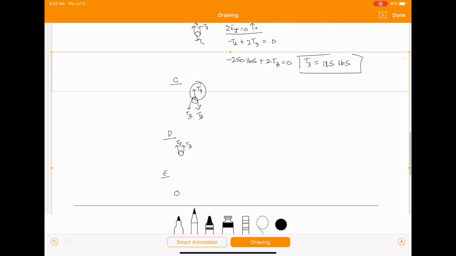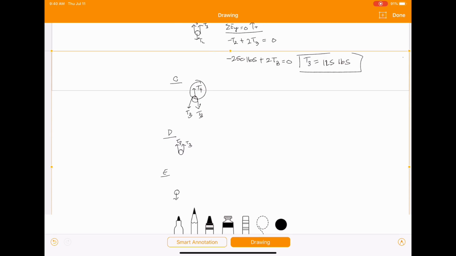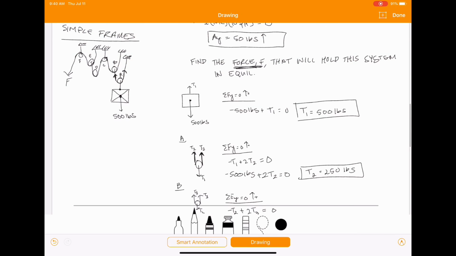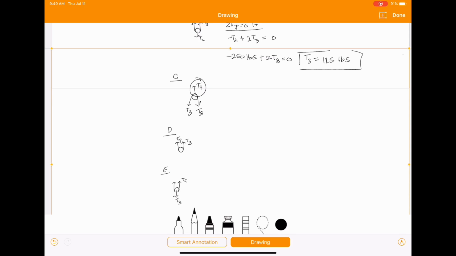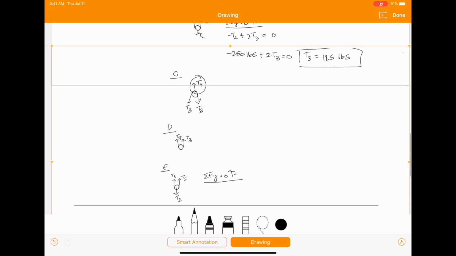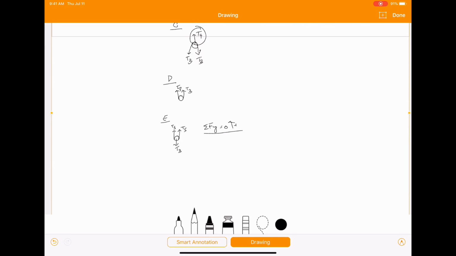Which has T3 pulling down on it. And what we'll call T5 pulling it back up. So again, we can do our sum of forces Y. Negative T3 plus 2T5 equals 0.